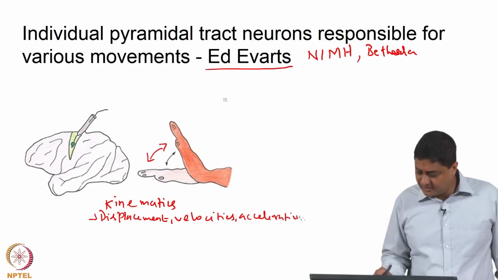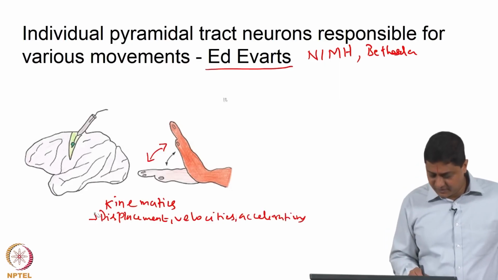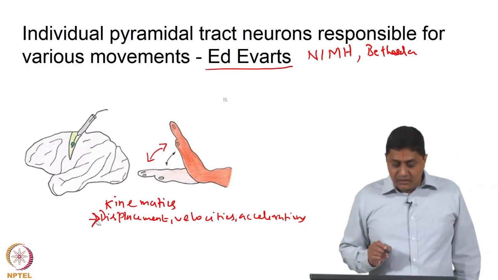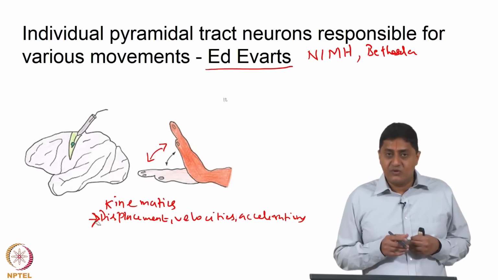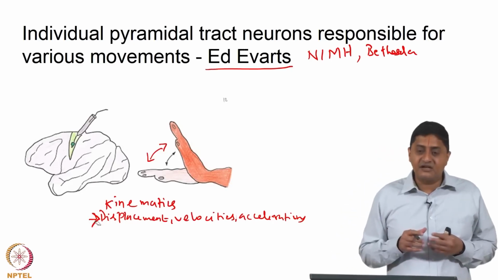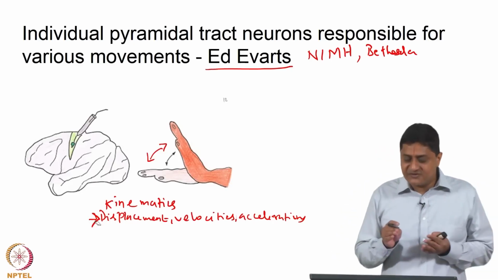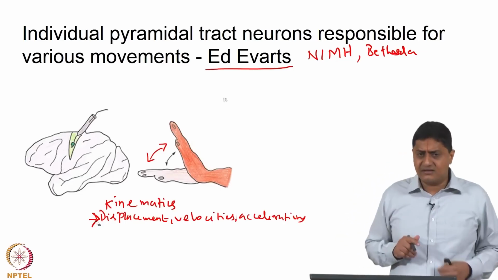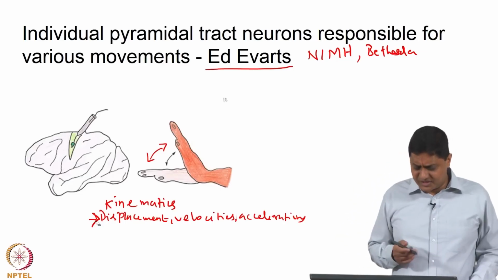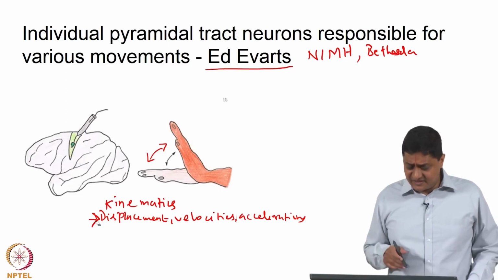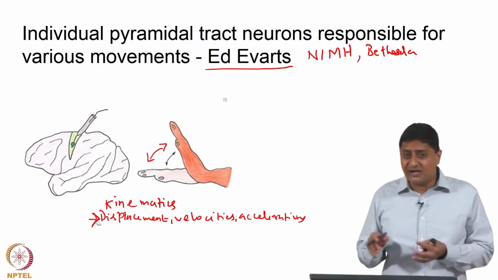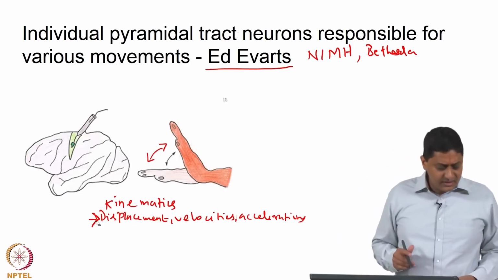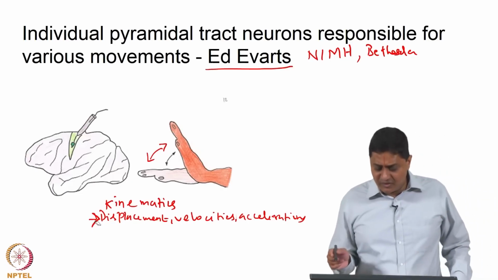This could be linear or angular. Okay. The question is how is this kinematics achieved? Which particular set of neurons or which sub area are responsible for this? Is there a correlation between the kinematics of the movement and the activity? That is the question. The answer is yes, there is some correlation.